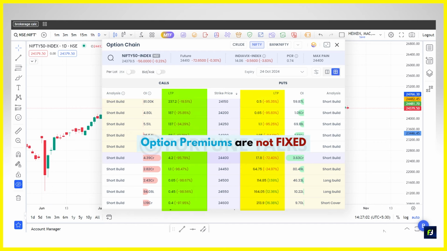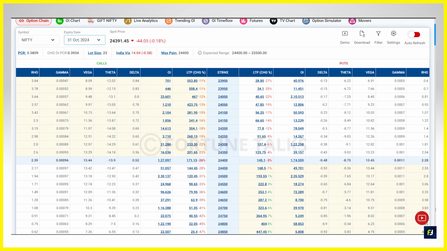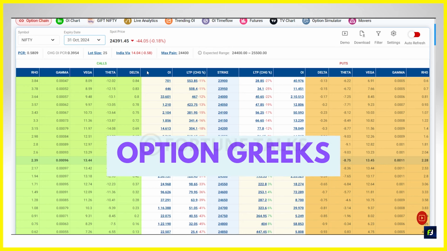In real markets, premiums vary almost on a second by second basis. Premium is sensitive to several factors. Some of these factors tend to increase the premium and some tend to decrease it. And in real markets, all these factors act simultaneously affecting the premium. To be precise, there are 5 factors that tend to affect the premium. These factors are called the options Greeks.